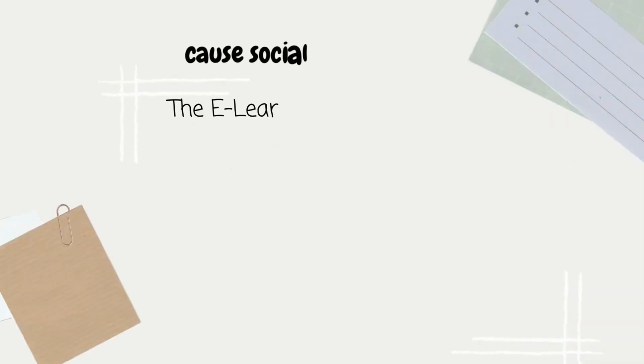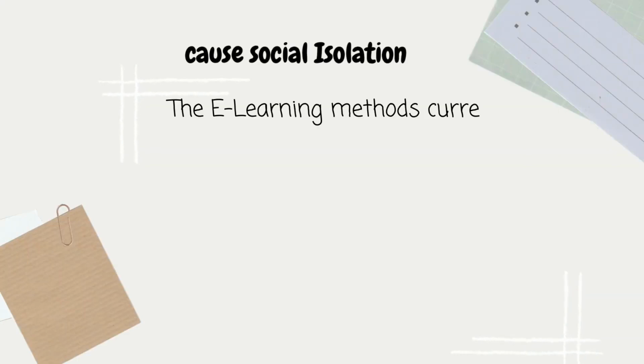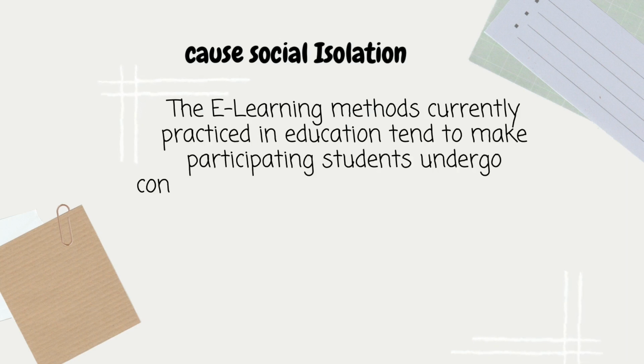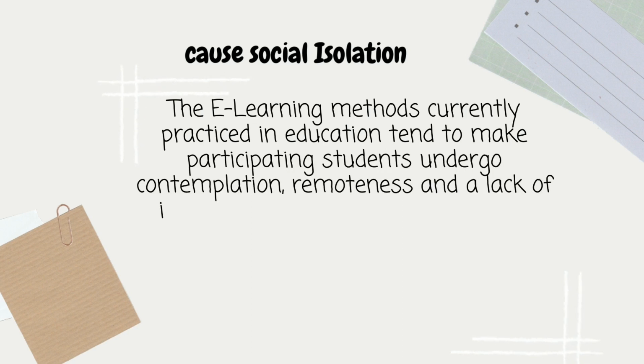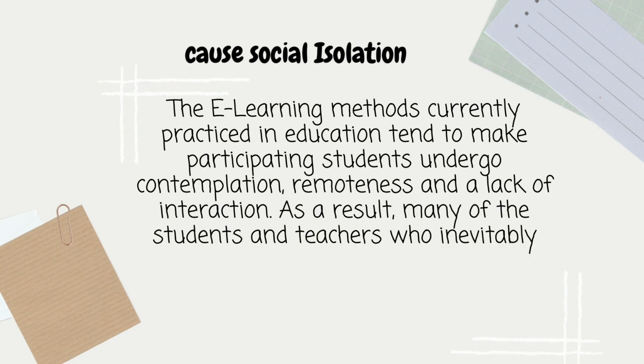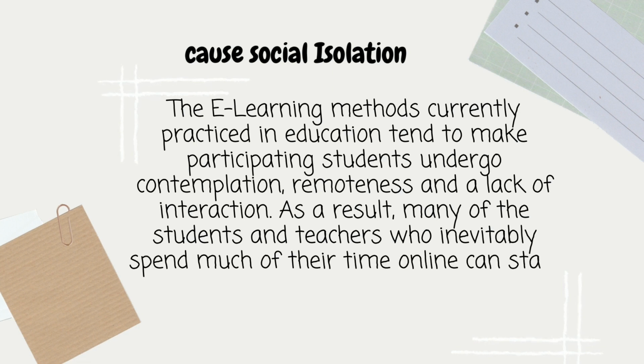Next, it can cause social isolation. The e-learning methods currently practiced in education tend to make participating students undergo contemplation, remoteness, and lack of interaction. As a result, many of the students and teachers who inevitably spend much of their time online can start experiencing signs of social isolation due to the lack of human communication in their lives.